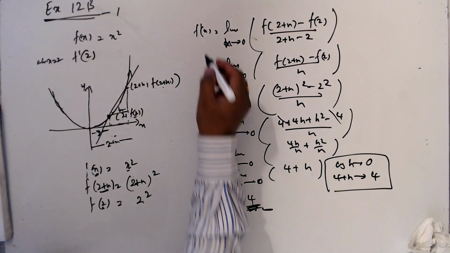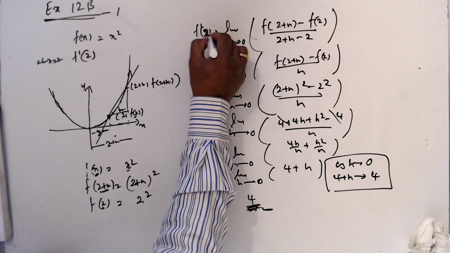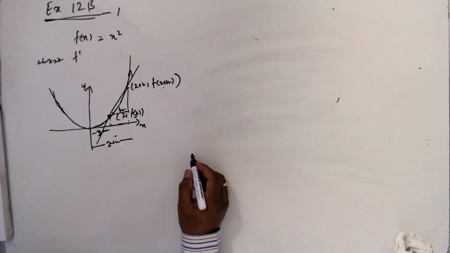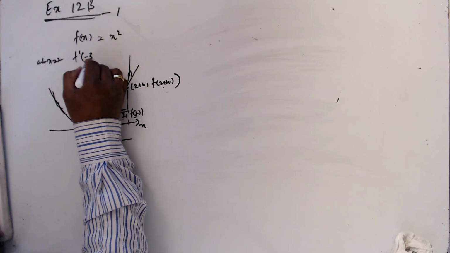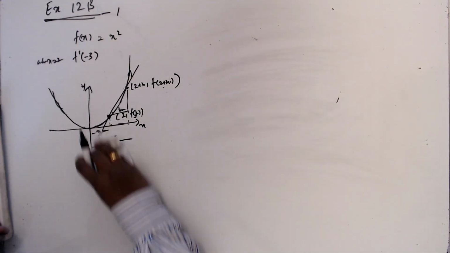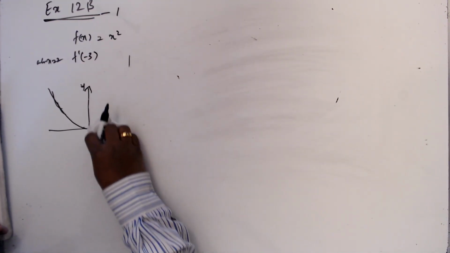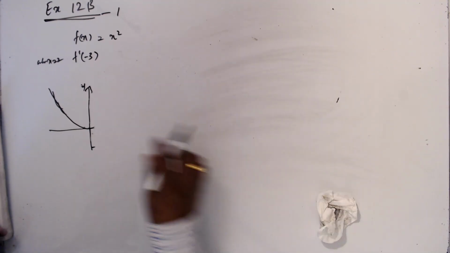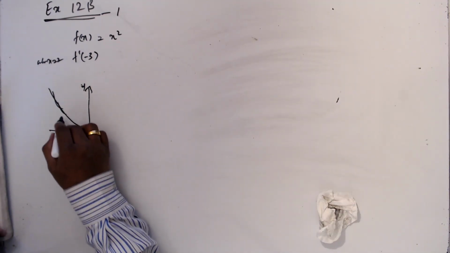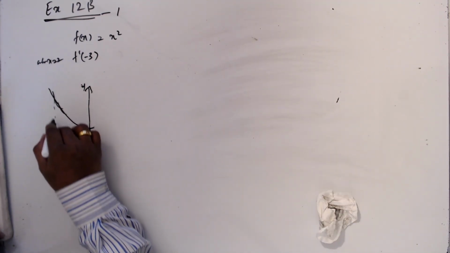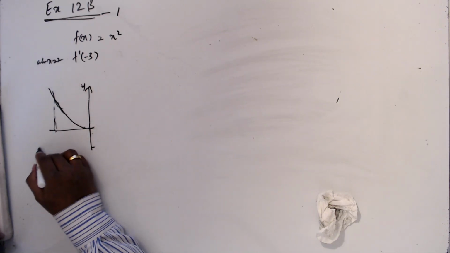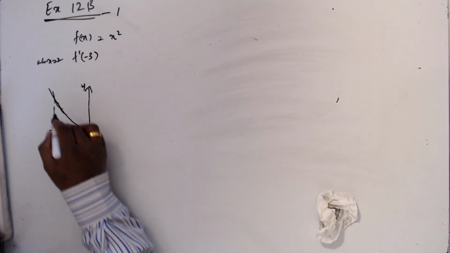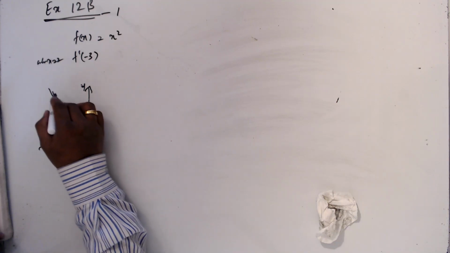This is f'(2). Second one, we need f'(minus 3). So this is x equals minus 3, this point.